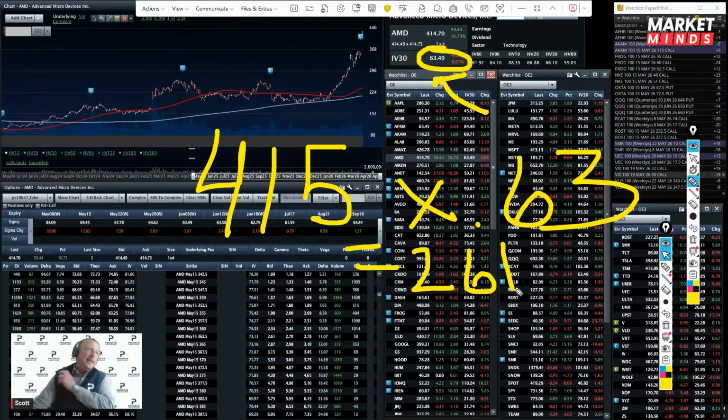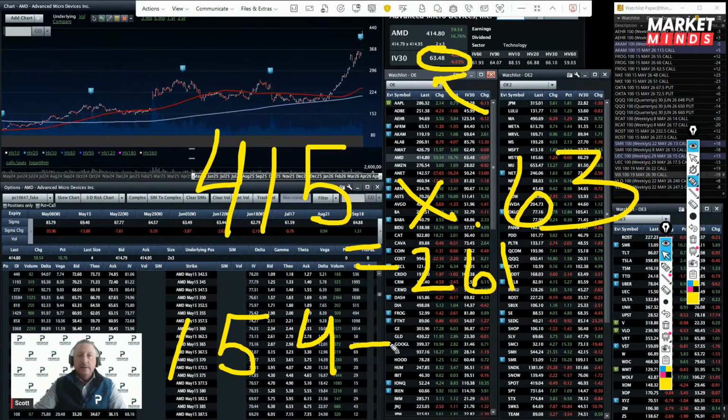What does that mean? That means that AMD with a 63% implied volatility is suggesting over the next year, we can see a range, plus or minus, of $261, meaning the expected range in AMD from now until May 6th of 2027 would be 154 to 676.